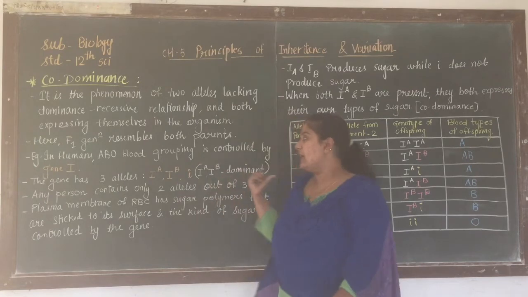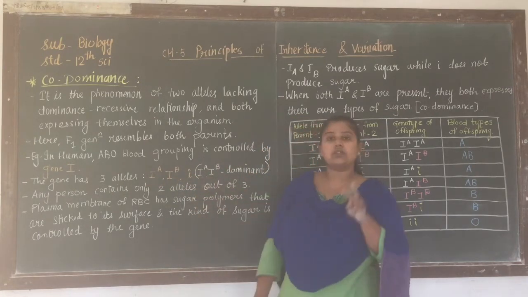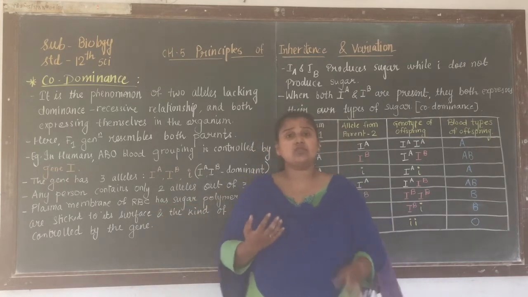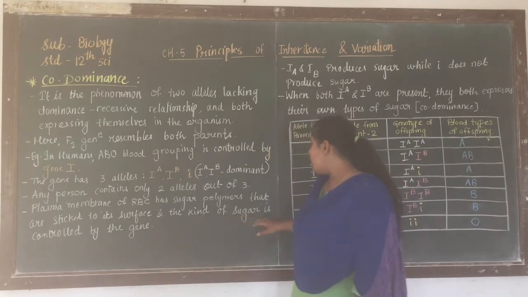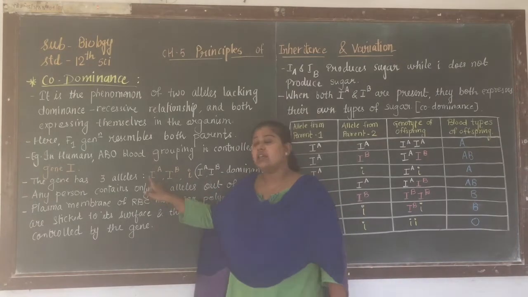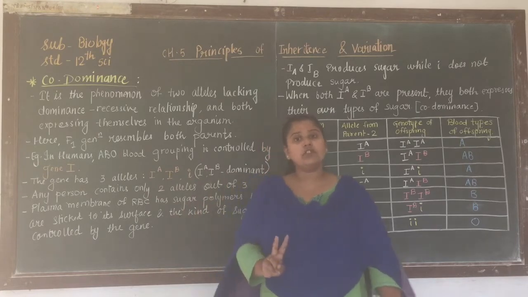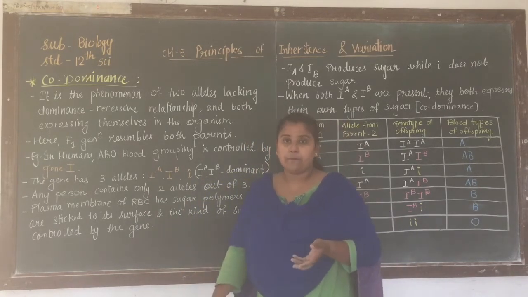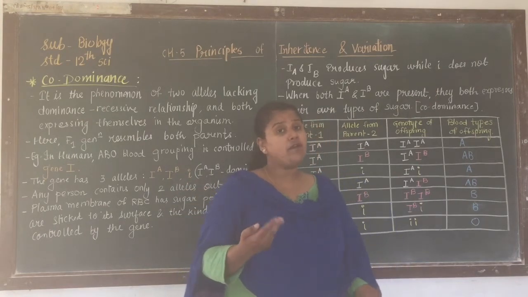But before going to that chart, first we need to understand that every person contains 2 alleles out of these 3. The plasma membrane of RBC has sugar polymers which stick on the surface, and the kind of sugar is controlled by the gene. Amongst these 3 alleles, capital IA and capital IB have the ability to produce their own sugar, but small i does not have the capacity to produce any type of sugar, right?